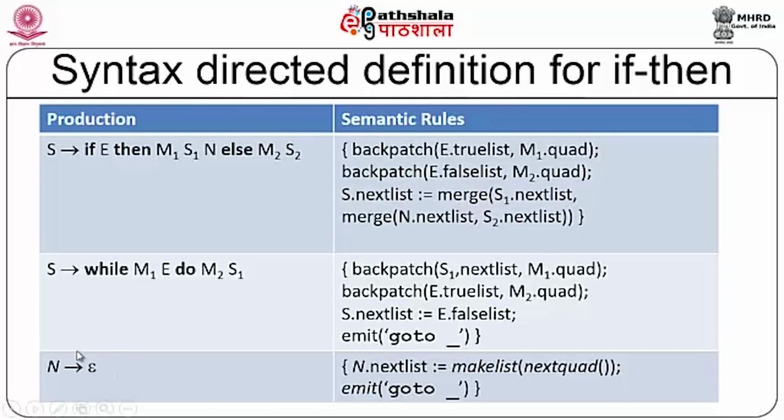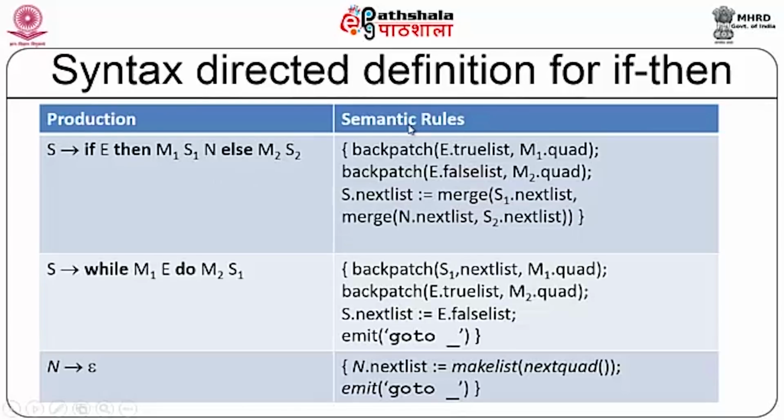If you look at the production corresponding to N, N produces epsilon, and N dot next list is equal to make list of next quad. So you simply create a next line number and emit a go to. This go to will be S's next. That is done here: this go to should be filled with S dot next.